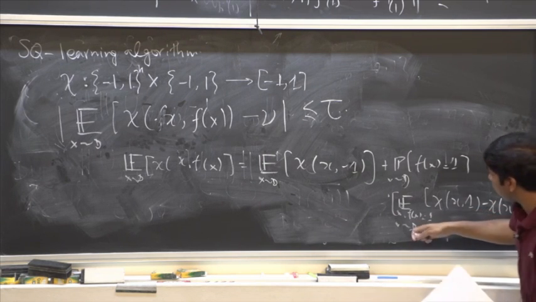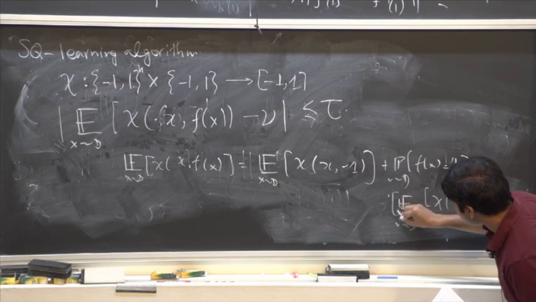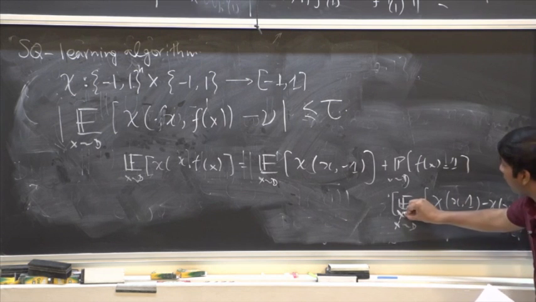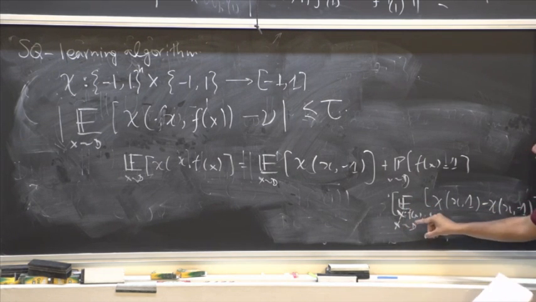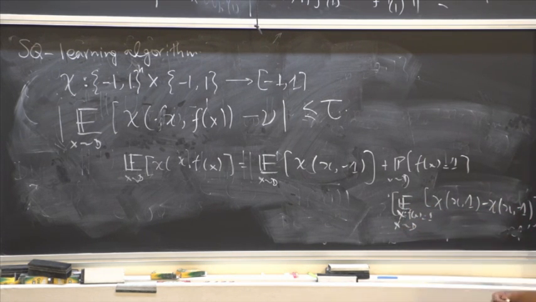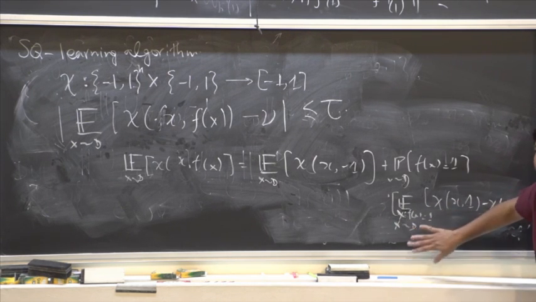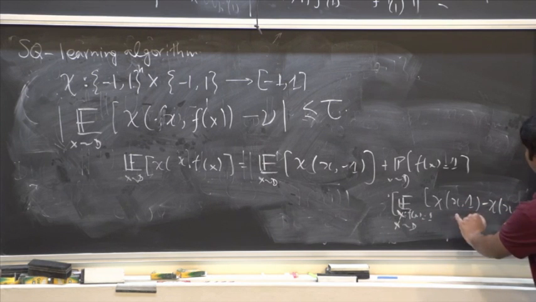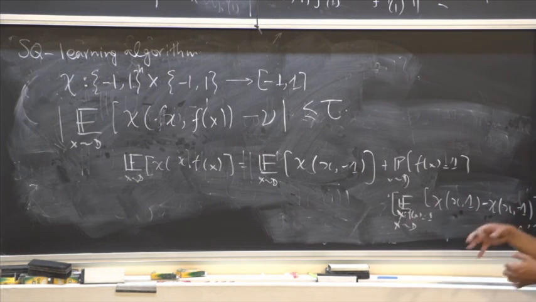And this is saying chi over f(x) equals 1, sampled according to D. Again, you readily have samples from f inverse 1 and you can just decide whether they fall in H or not. So you can get this distribution as well, and then you just need to evaluate this function chi.